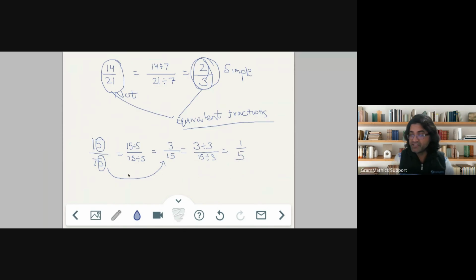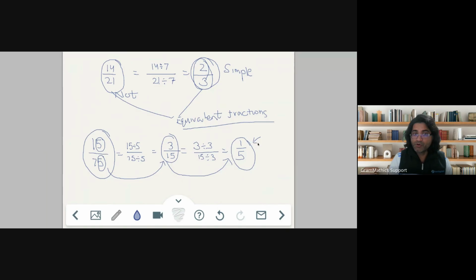If you knew the 15 table, you could have done it in one step, but I deliberately did it in multiple steps because you may find multiple common factors. So 15 over 75, 3 over 15, and 1 over 5 are all equal. They are equivalent fractions, but the most simplified version is 1 over 5.